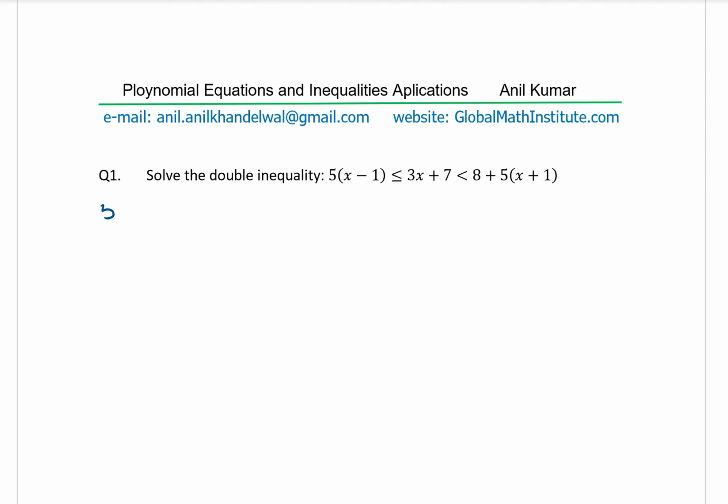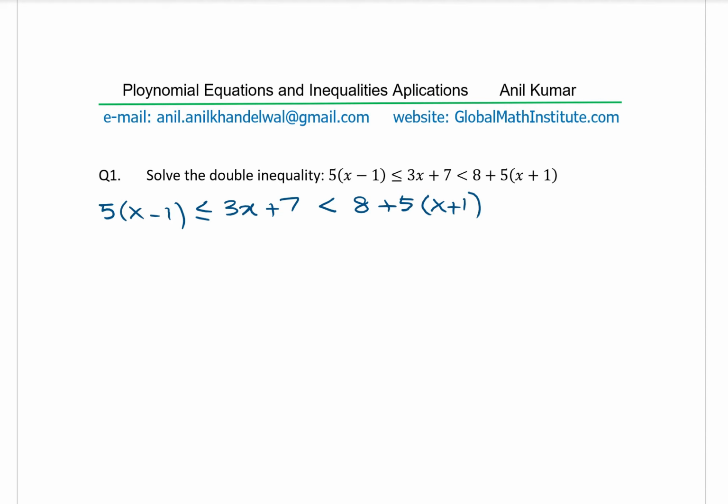It is 5 times x minus 1, which is less than equal to 3x plus 7, which is less than 8 plus 5 times x plus 1. So in test questions, you have to be very careful, right? One side we are using greater than equal to, the other one greater than, correct?